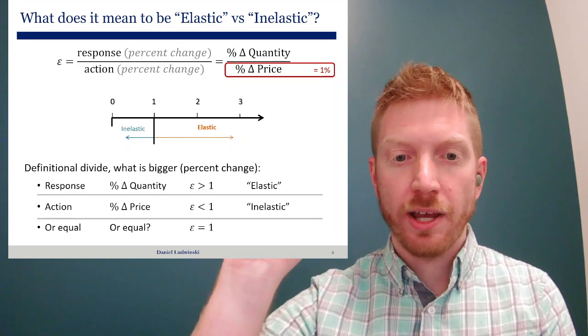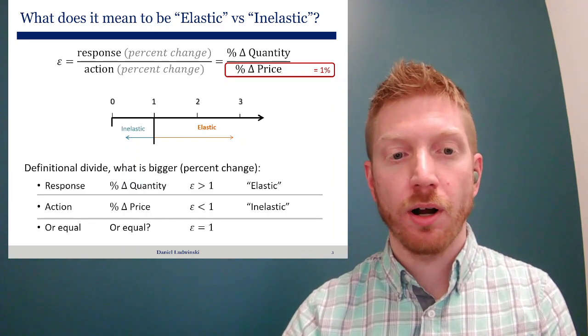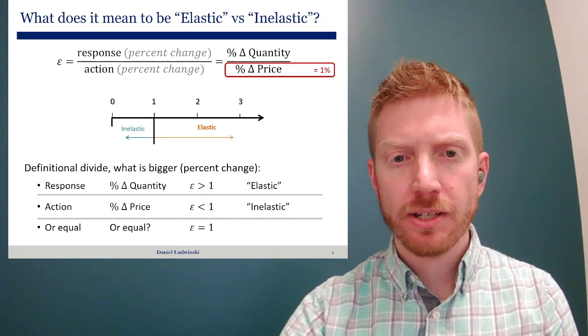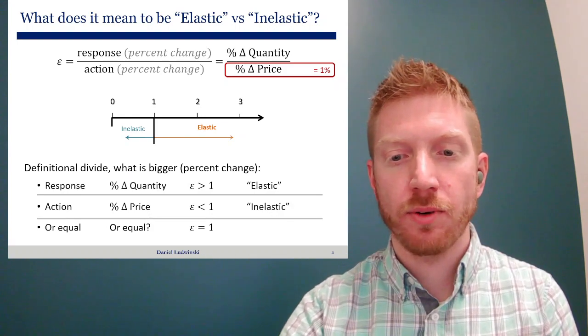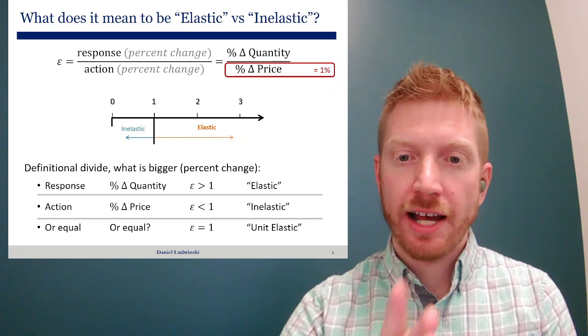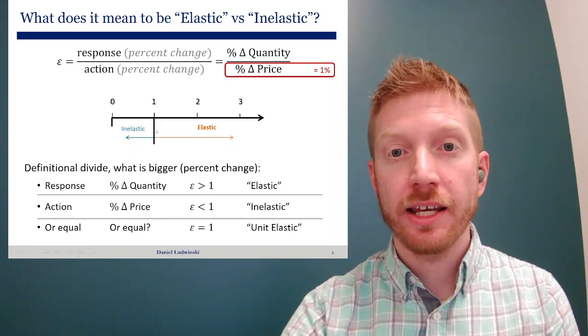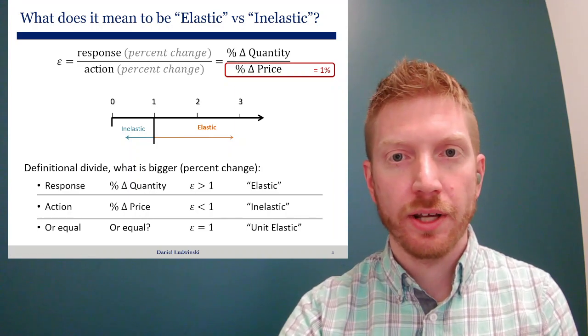Inelastic is saying that we have a smaller response than action. And so elasticity is less than 1. When it's exactly equal, that is the dividing line between elastic and inelastic. We call that unit elastic.